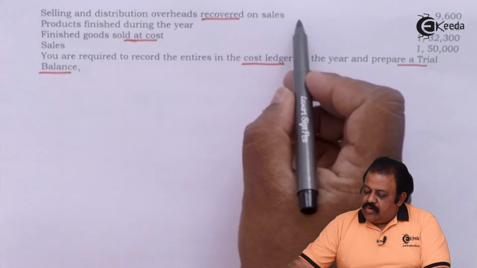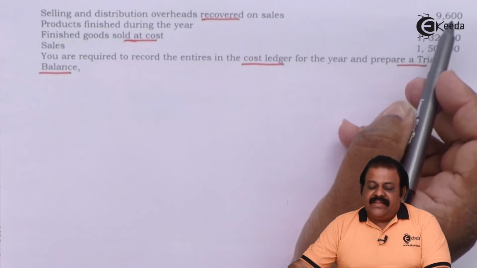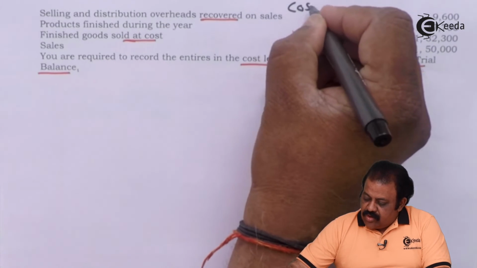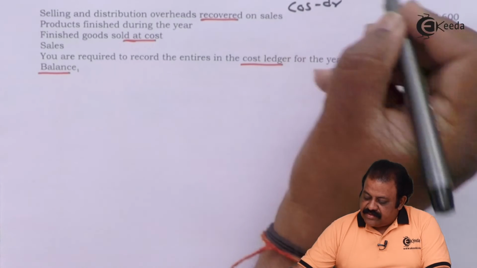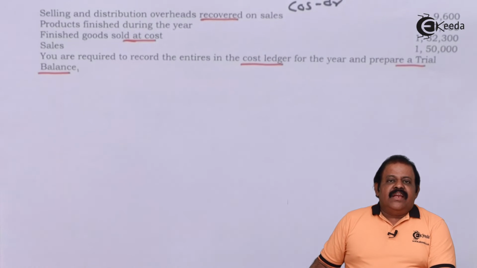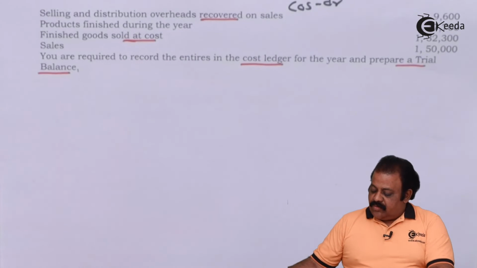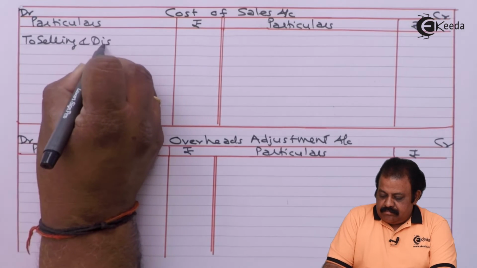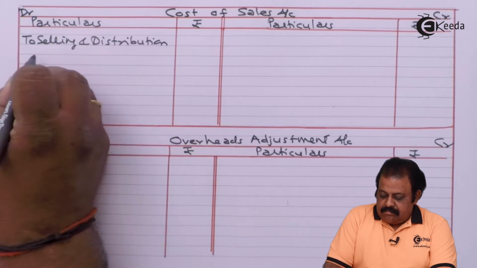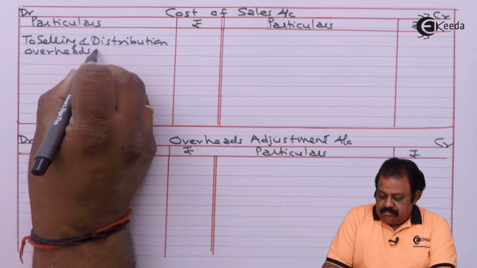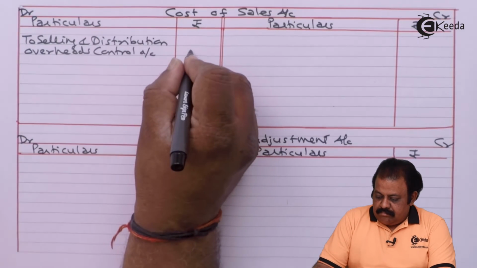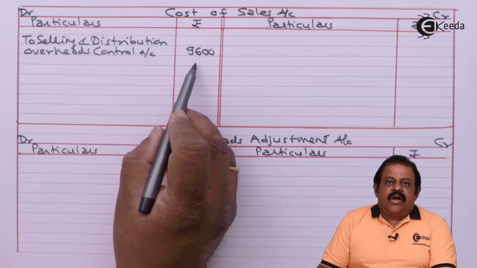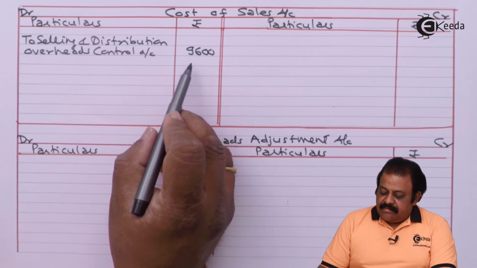Selling and distribution overheads recovered on sales 9,600. This will be debited to cost of sales and credited to selling and distribution overheads control account. To selling and distribution overheads control account 9,600.